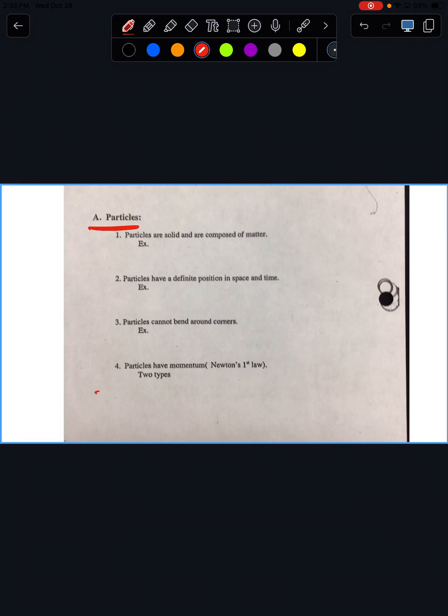The force on the ball causes the ball to curve or move or drop. Okay? So, of course, if I throw this ball and someone's standing over there and they hit it, it's going to go around the corner because you just applied a force on it. Okay? But otherwise, particles travel in straight lines. They don't bend. Okay?